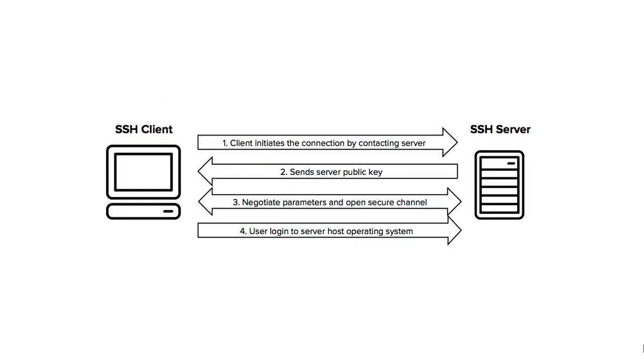Step number 4, enable SSH. SSH is also known as Secure Shell. SSH is a cryptographic network protocol. Its job is to open up a secure channel to protect your data every time you are connected to your Pi from another computer on your network.